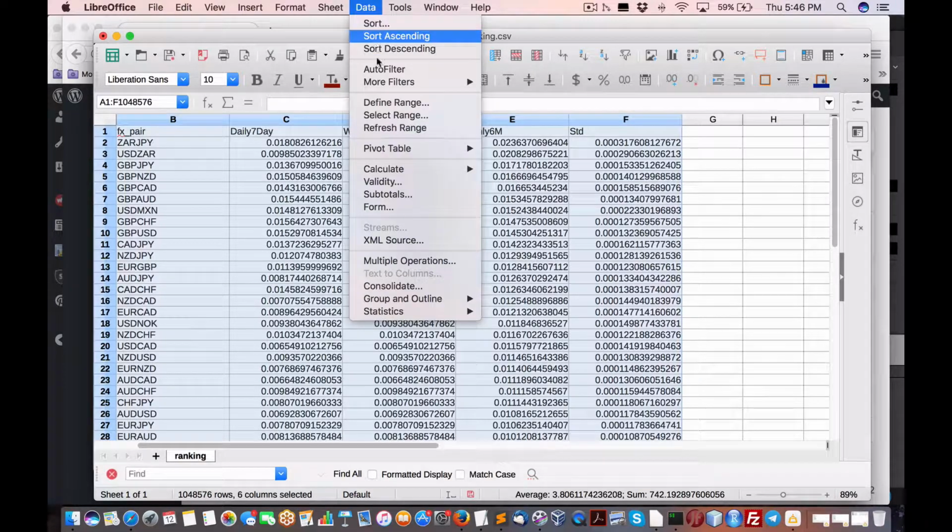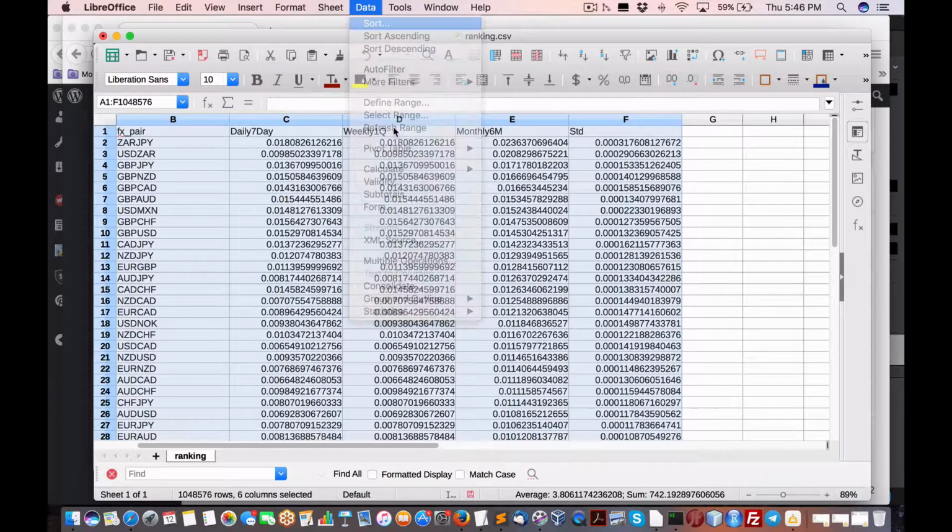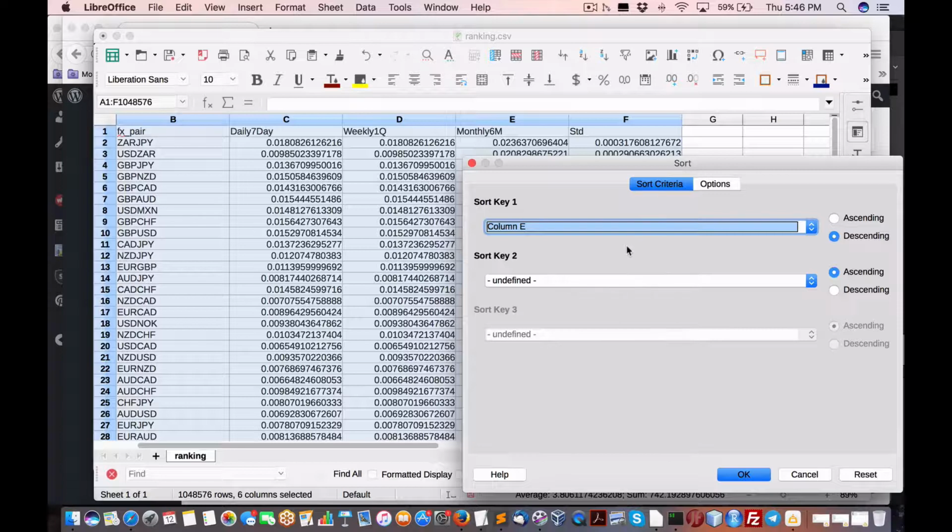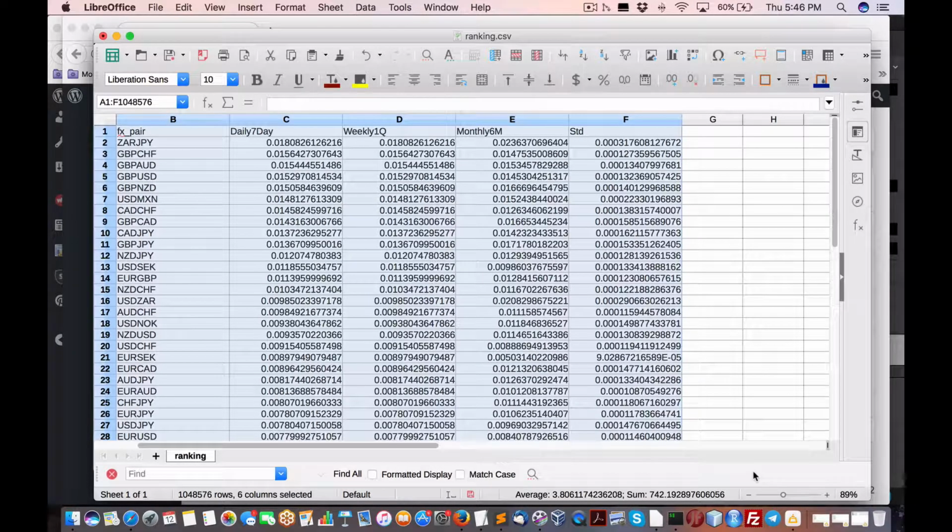And if I sort by quarter, no, we're doing weekly. So by weekly, you can see it changes quite a bit on the short term, where the Rand and the Japanese yen are still very volatile.